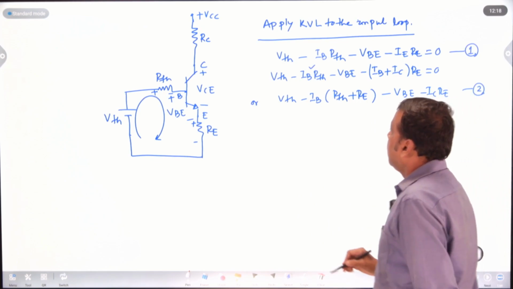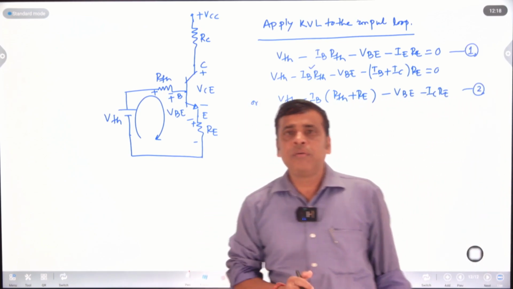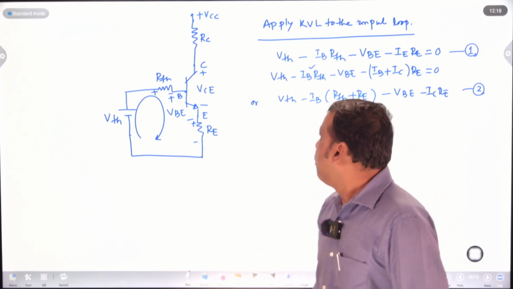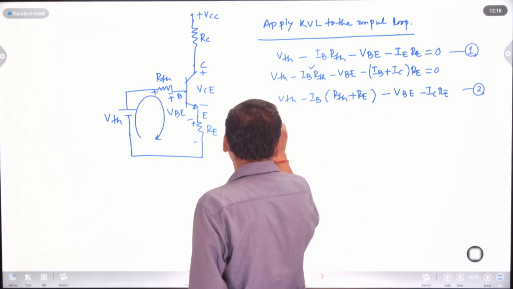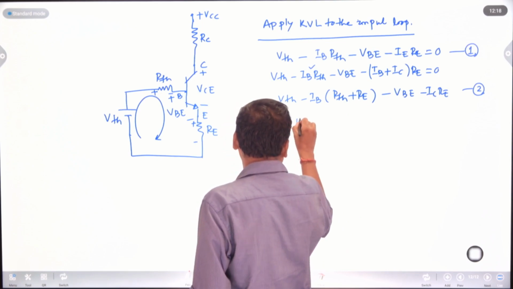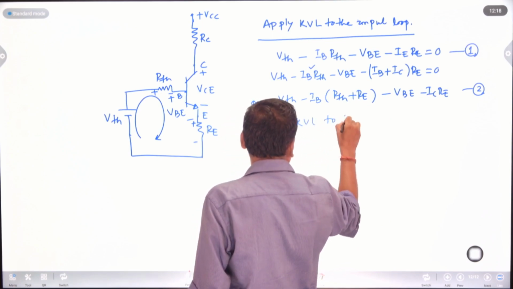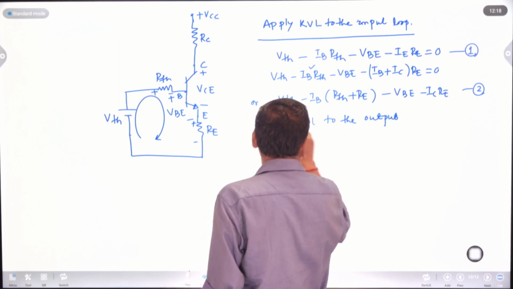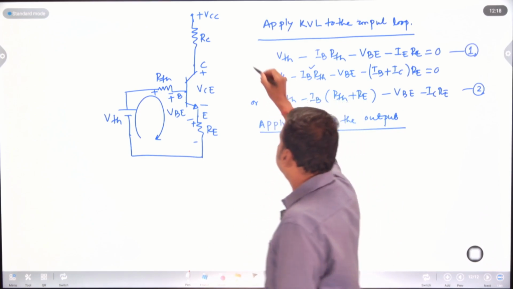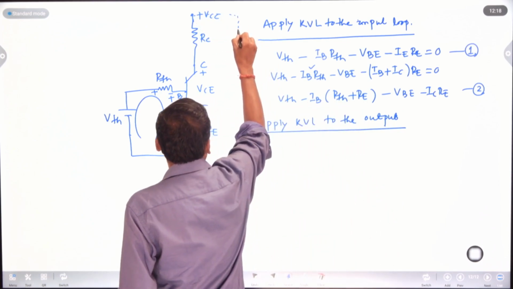Next, we will apply Kirchhoff's voltage law to the output. What is my output equation? Here VCC, the loop is like this.